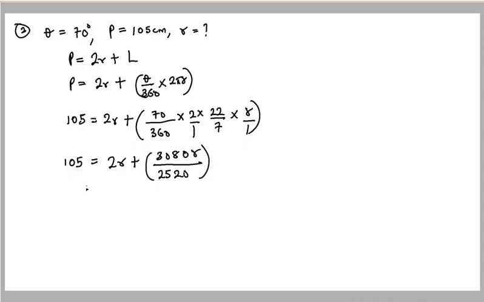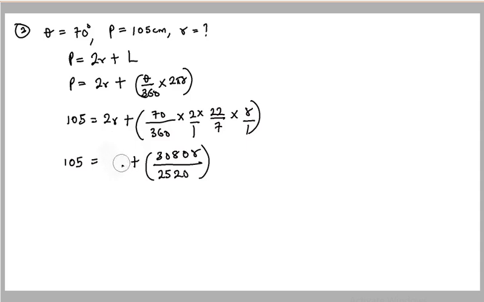Okay, so what can we do here? Some might be tempted to say cross multiply, but that's wrong. I can't cross multiply yet. Why? Because there is still 2r here.